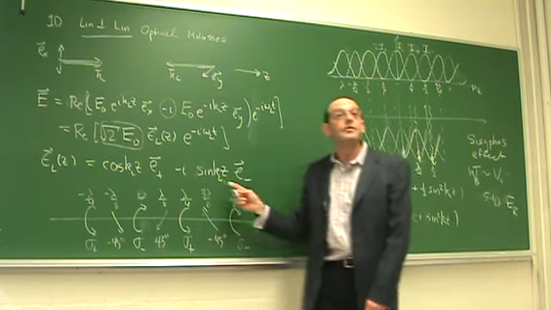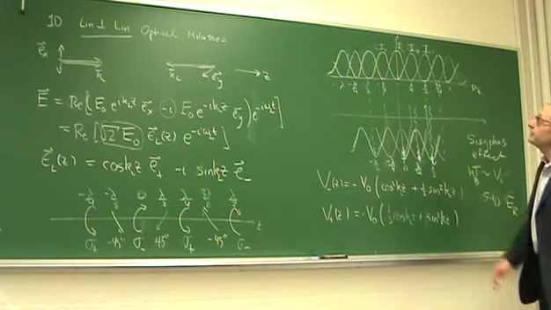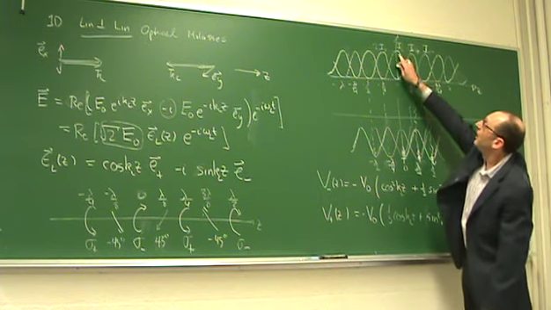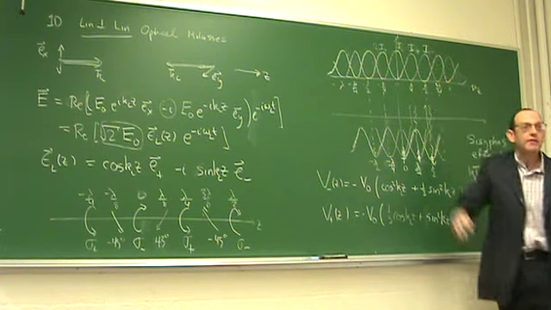These two fields are phase shifted by a quarter of a wavelength relative to one another. So where the sigma plus has a node, the sigma minus has an antinode every quarter wavelength.